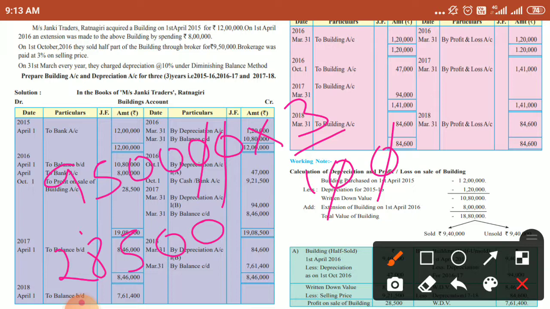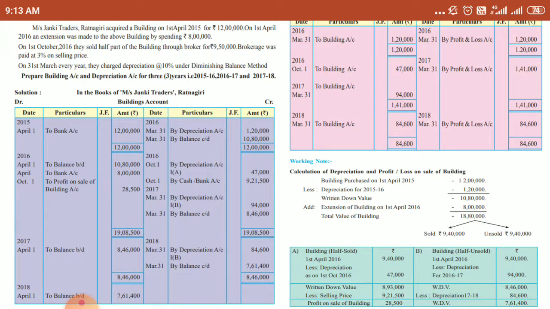From 9,50,000 we have to deduct 28,500. So we get 9,21,500.